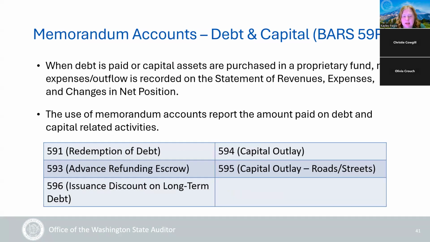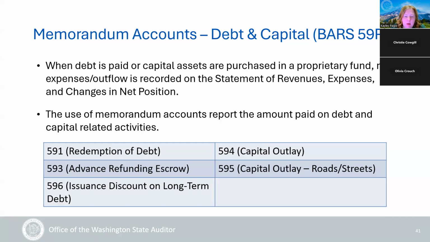And just like when debt is issued, when debt is paid or capital assets are purchased in a GAAP proprietary fund, no expense or outflow is recorded on the statement of changes in net position. The use of these memorandum accounts report the amount paid on debt and capital related payments and are collected, again, for informational purposes only to allow us to meet that statutory requirement for producing comparative statistics.